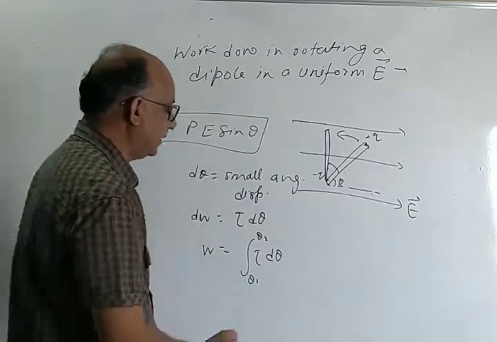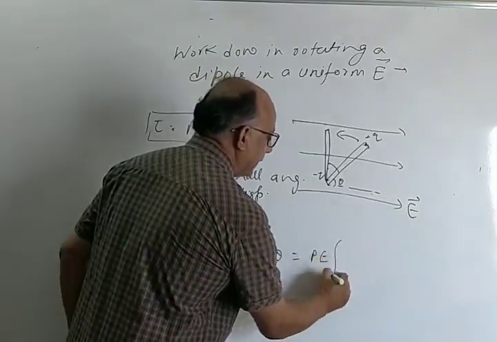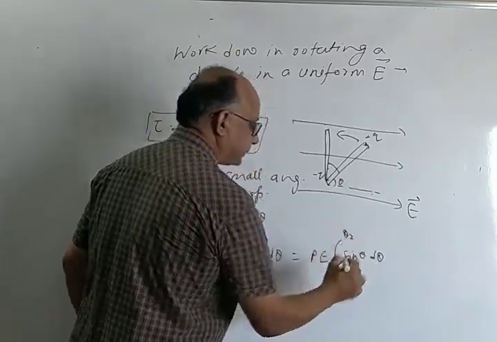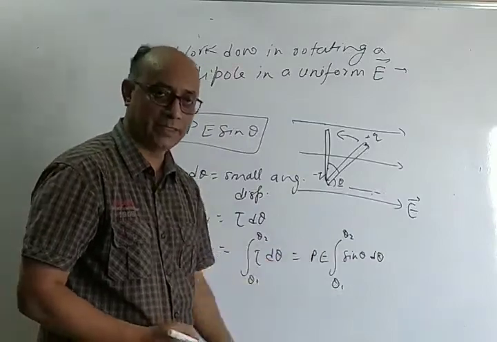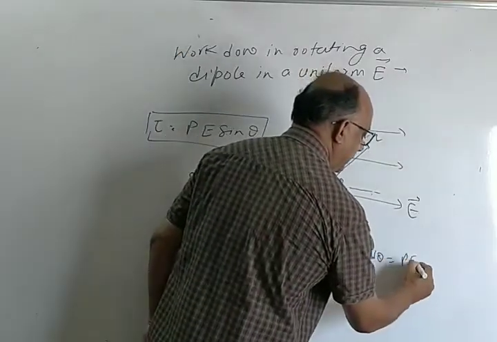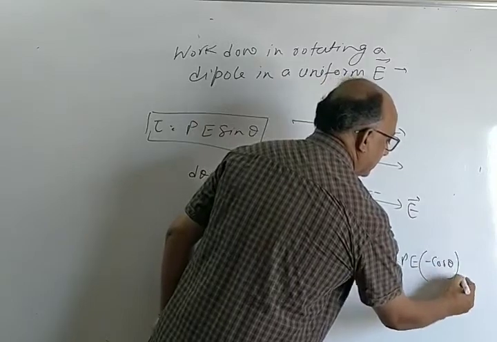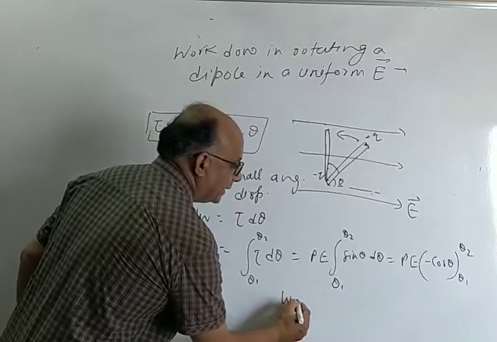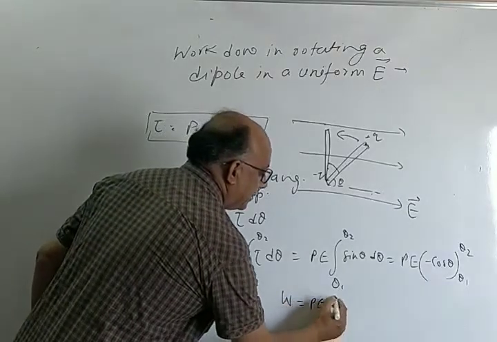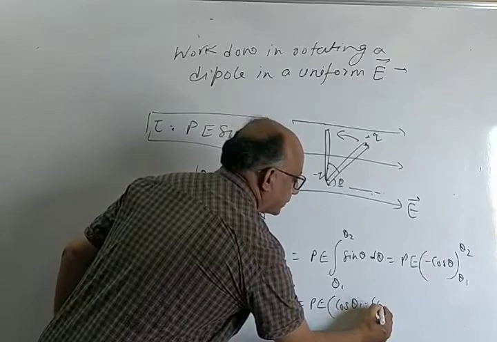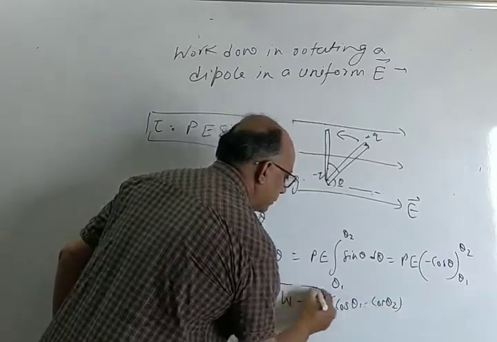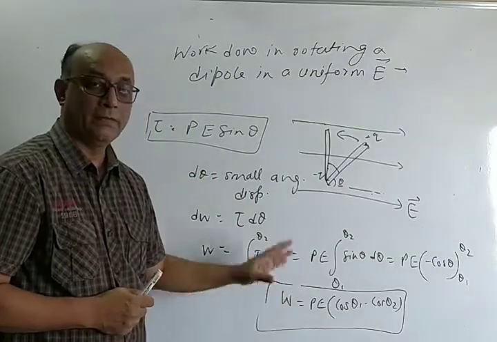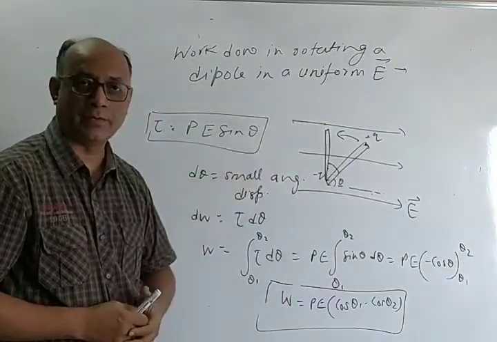Put the value of torque here, P and E are constants, integration of sin theta into d theta, theta 1 to theta 2. And integration of sin theta is minus cos theta, so this is basically PE minus cos theta, theta 1 to theta 2. So our final expression for the work done is PE (cos theta 1 minus cos theta 2). This is the total work done. This is the expression for the work done in rotating a dipole in a uniform electric field.